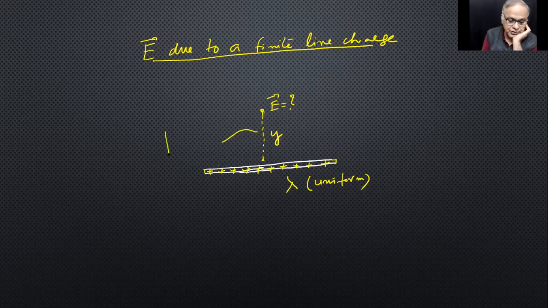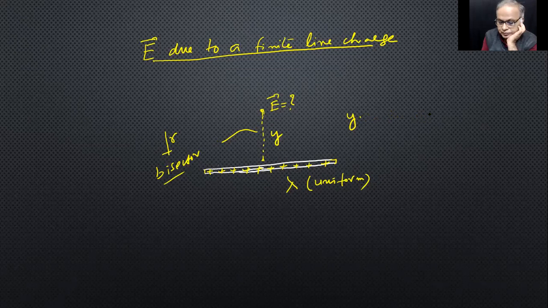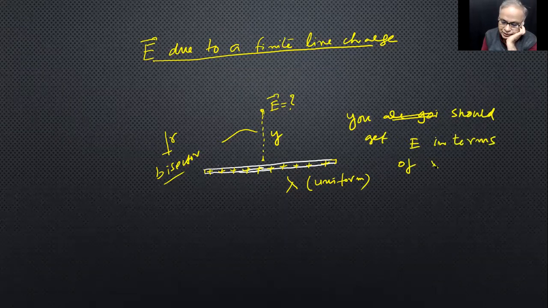This is the perpendicular bisector. So you should get E in terms of lambda and y.